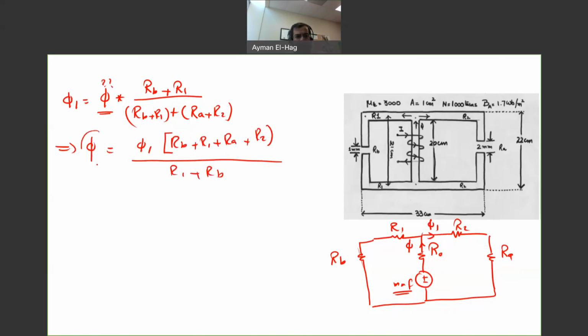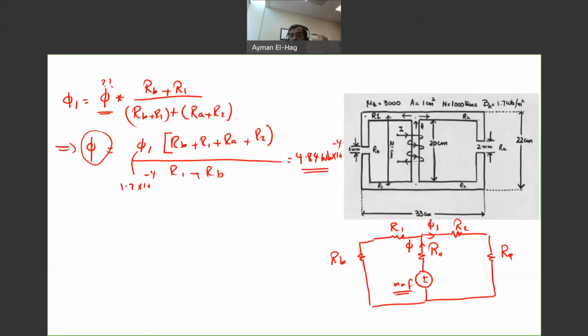I know phi 1, it is 1.7 times 10 to minus 4. When we substitute all these values, you will find that the main flux phi is equal to 4.84 Weber times 10 to minus 4. So this is my main flux.